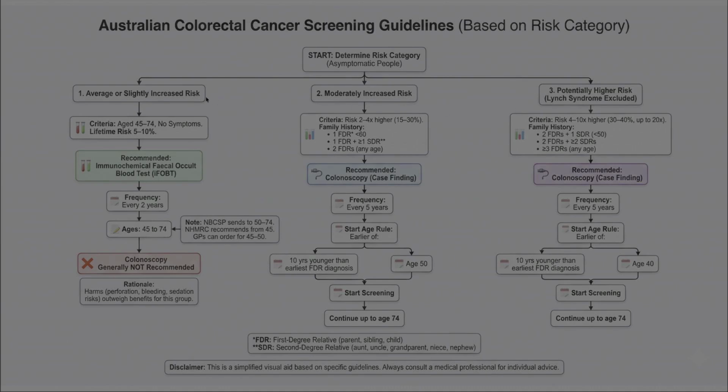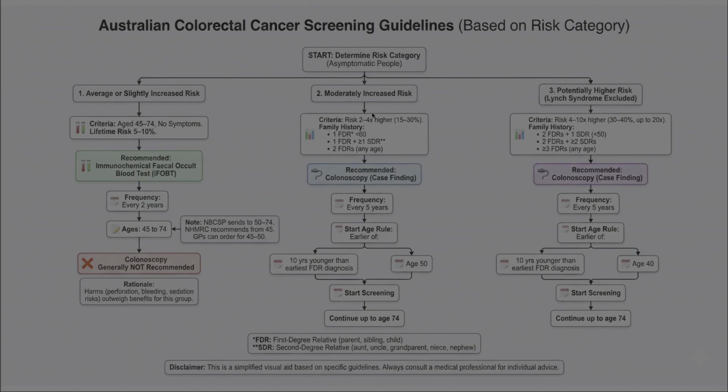Now, for lane 1, average risk, this is the general population aged 45 to 74 with no symptoms. For them, we use IFOBT or immunochemical fecal occult blood test every 2 years, from age 45 to 74. We generally do not jump straight to colonoscopy here because the risks of perforation and bleeding outweigh the benefits.